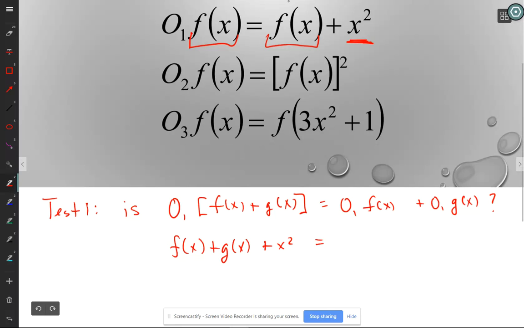On the other side, I have f of x plus x squared plus g of x plus x squared. Are those equal to each other? No, they're not, because this has two x squareds and this has only one x squared.